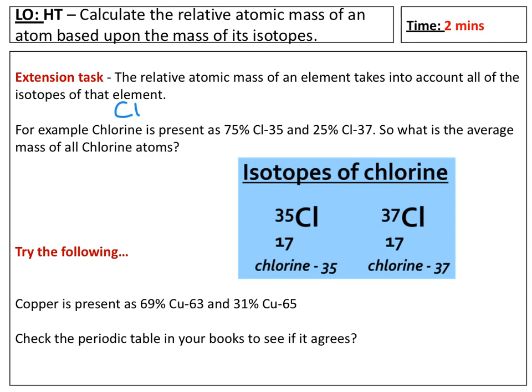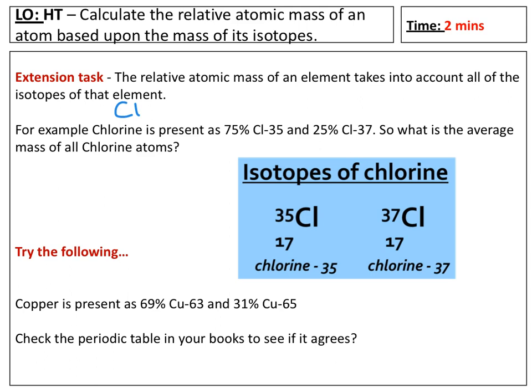So we would need to try that out. There's no answers for this. Okay, I haven't got another slide that goes through the answers, but in one of the previous lessons we took you through how to work this out. Okay, so you'd need to take the abundance. So the abundance is the percentages that you've been given.